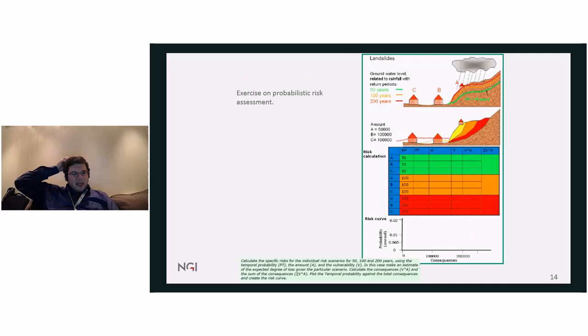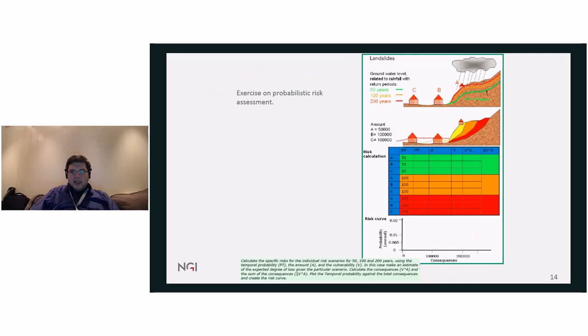A similar exercise can be done if we take a landslide event in an area, or a landslide risk evaluation in an area. In this case, for example, the different scenarios for landslide hazard are given by different groundwater levels.